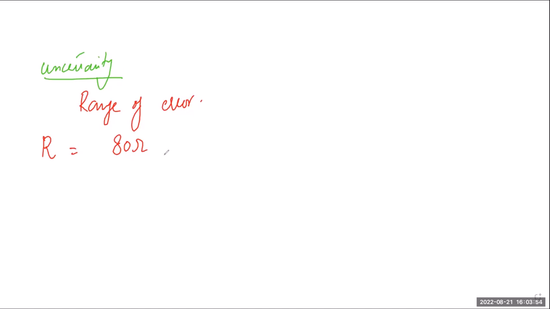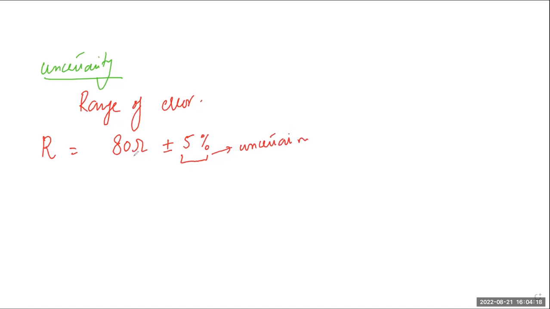So it gives a range of error. Let's say the company says that we have a 5% range of error in every resistor. So this range of error, or range of interval of error, is called uncertainty. We are uncertain about this value on the resistor.